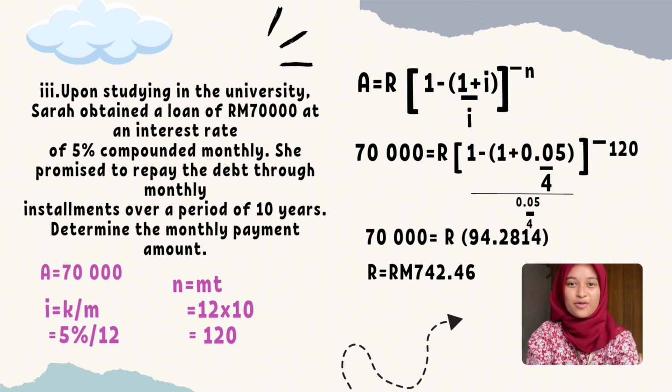To calculate monthly payment, we use the formula A equal R multiple 1 minus open bracket 1 plus I close bracket to the power of negative n over I. So 70,000 equal R multiple 1 minus open bracket 1 plus 0.05 over 4 close bracket to the power of negative 120 over 0.05 over 4. So 70,000 equal R open bracket 94.2814 close bracket and R equal to Rm 742.46.